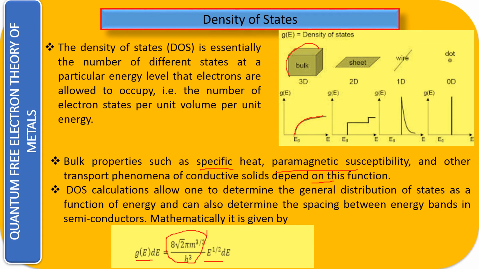It's the same material. If it has been taken as a sheet, you can say it is the 2D, right, instead of the 3D. Now we have converted to the 2D. Then the density of states, as you can see, suddenly increases, then takes a constant value, then again increases.